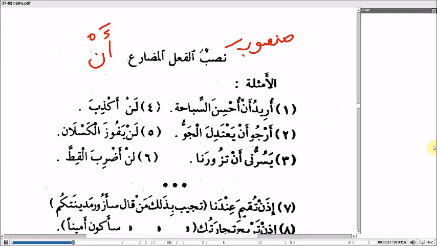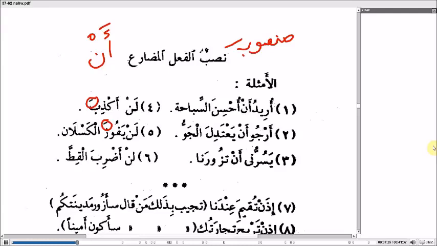He will not succeed. Al-Kaslan, the lazy person. The lazy person, Al-Kaslan, lan yafuza. He will not succeed. This is in the future. Lan akdib, I will not lie. Lan yafuza, he will not succeed.